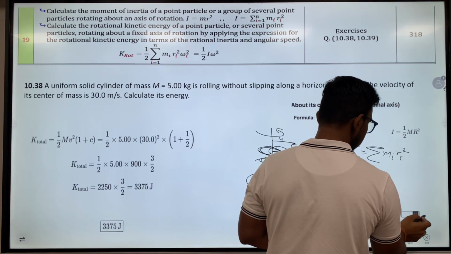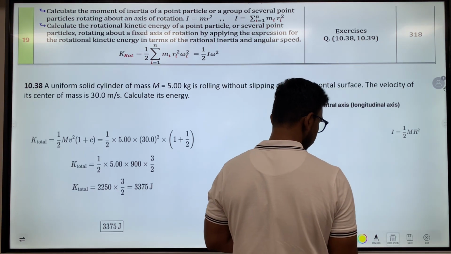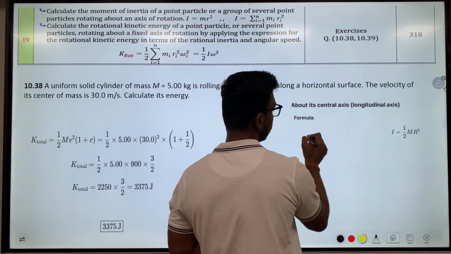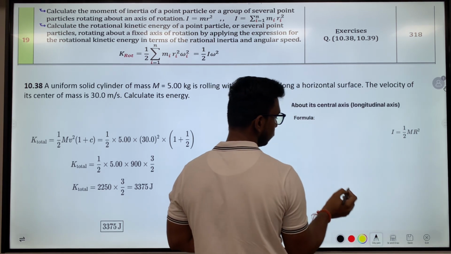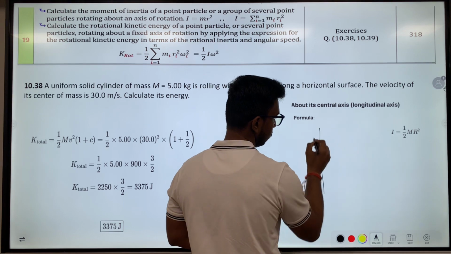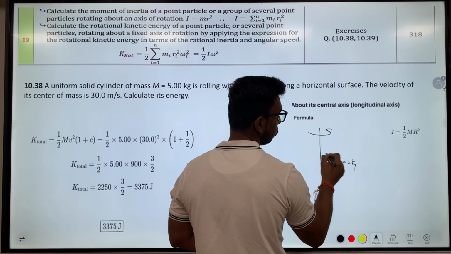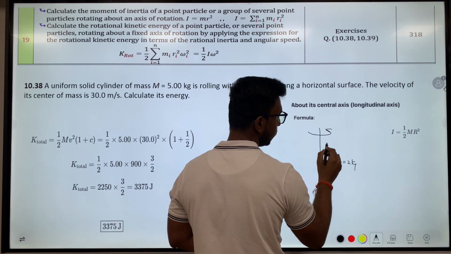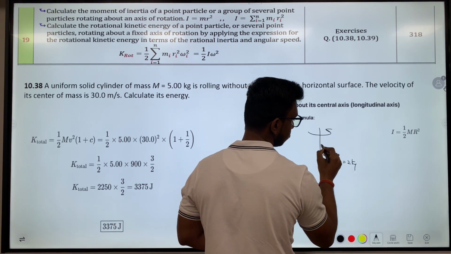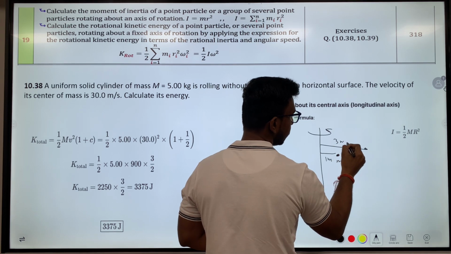Before going to this question, let's do a small simple question where you have to find out the moment of inertia. There is a mass of 2 kilos, 1 meter apart, and there is another mass of 5 kilos, 3 meters apart.